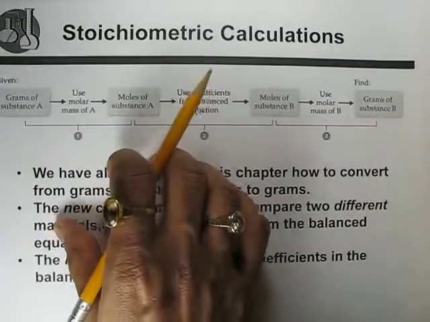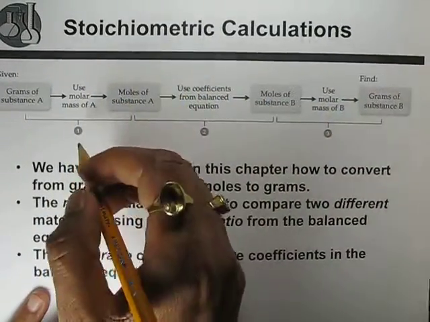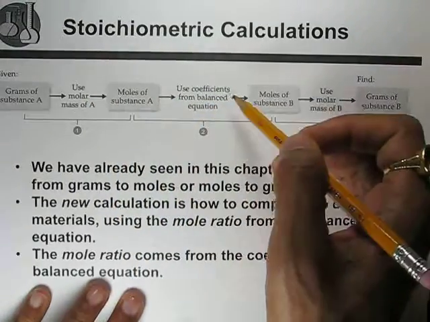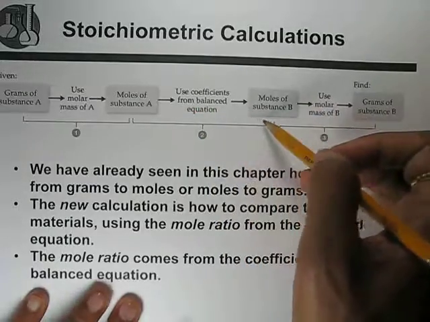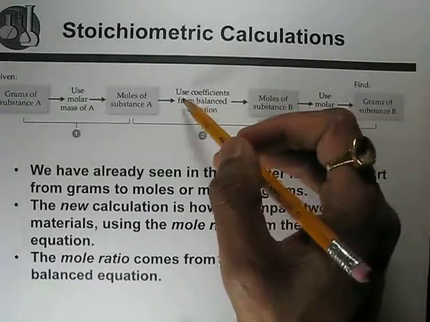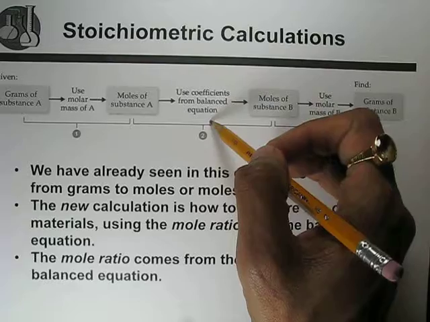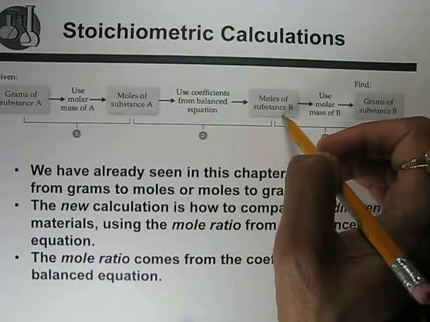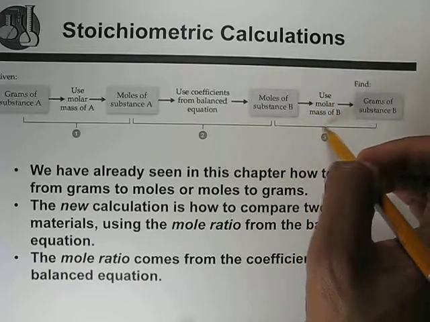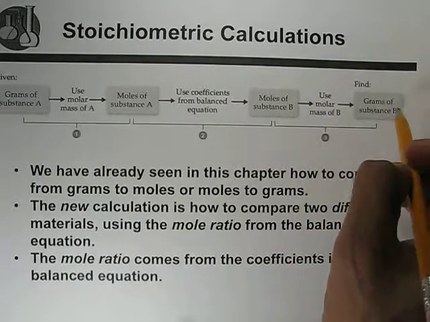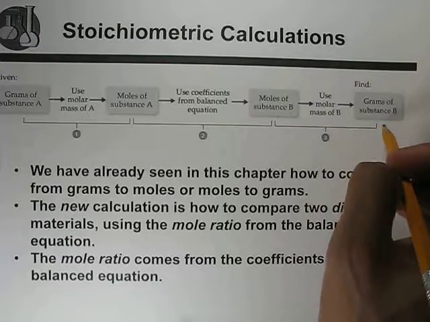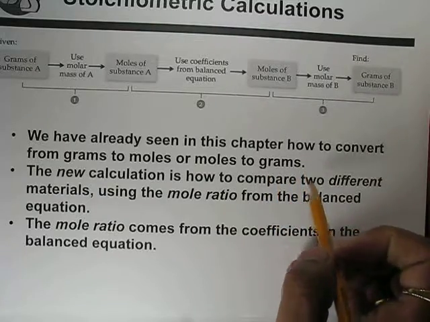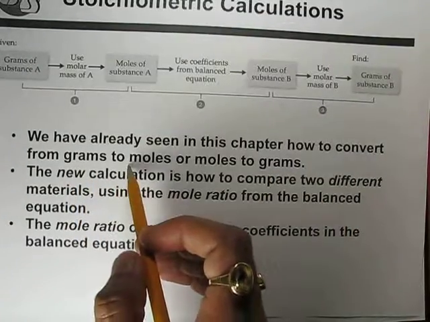If we know the gram quantity of a substance A, we use the molar mass of substance A to convert into moles, and then we use the coefficients from the balanced equation to find the moles of substance B, and then use the molar mass of substance B to find the gram amount of substance B.